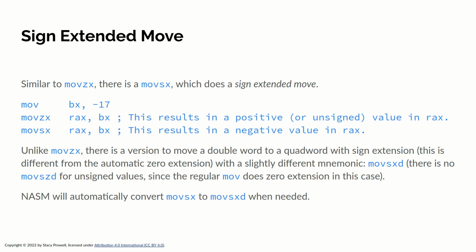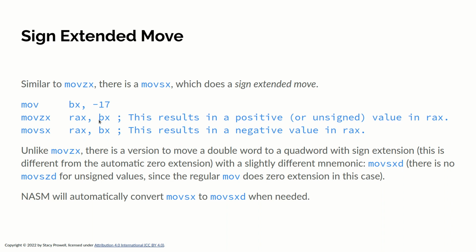This is the x86. Unlike MOVZX, there is a version that will move a double word to a quad word with sign extension. Remember, I couldn't say MOVZX RAX, EAX. I couldn't do that because I had to just do MOV EAX, EBX. That's what I had to do, and let the zero extension rule work for me.